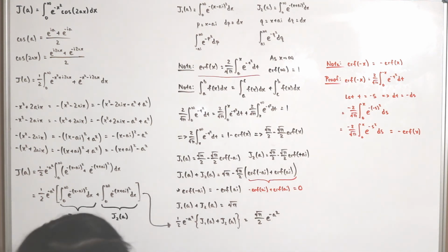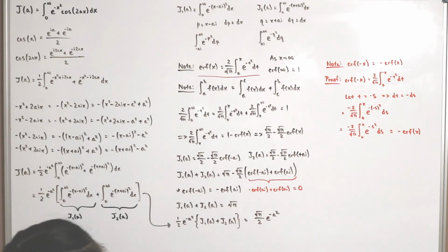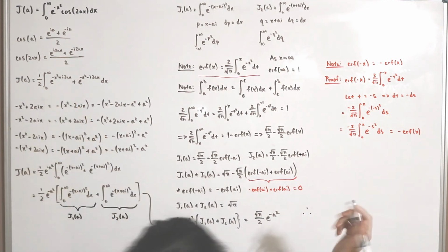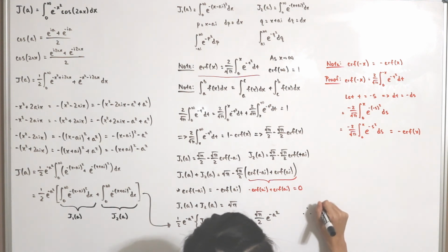And so that's the following. I'm going to rewrite our conclusion in black one more time. Therefore, I'm not going to write the J of a again, I'm just going to write the integral instead.